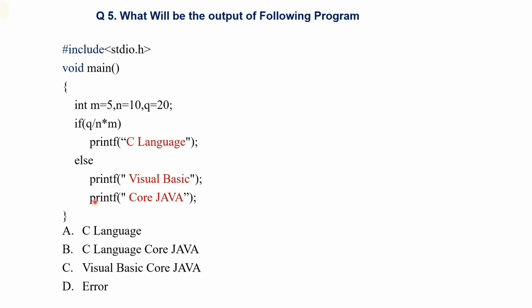So that means this statement will be executed. So that means with this printf function, core Java will be displayed. So hence the complete output for this program is C language core Java. So hence the correct option for this program is option B.